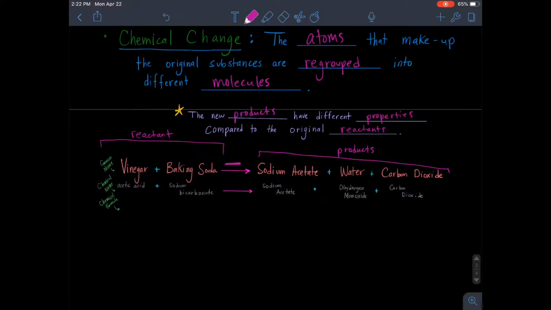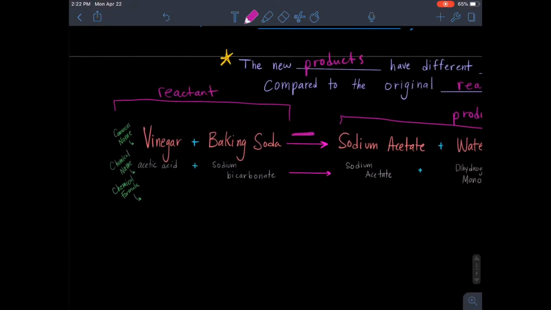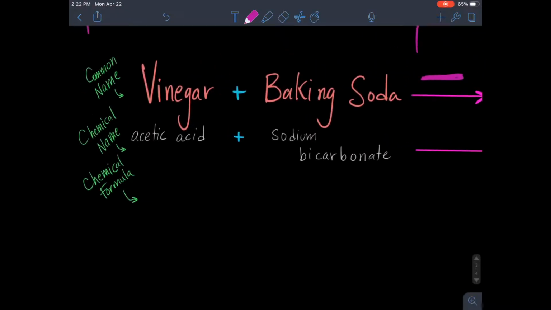Okay, so let's look at this equation that I've got here. It could be confusing, but it's not too bad if we break it down. So we have vinegar and baking soda. A lot of people know that this is a chemical reaction. Well, let's see why, and let's prove that it is. So vinegar is the common name. The chemical name of vinegar is acetic acid. And you'll actually see it says acetic acid on a bottle of vinegar if you look closely.